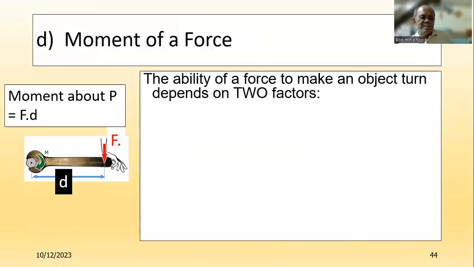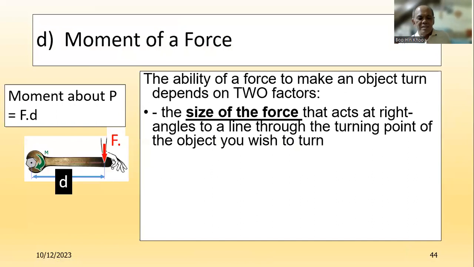So in this case, it's a force at a perpendicular distance, the moment about the screw. The ability of a force to make an object turn depends on two factors. First, the size of the force, meaning how large the force is, that acts at right angle to the line aligned through the turning point of the object you wish to turn. You want to turn the screw, that's the force.